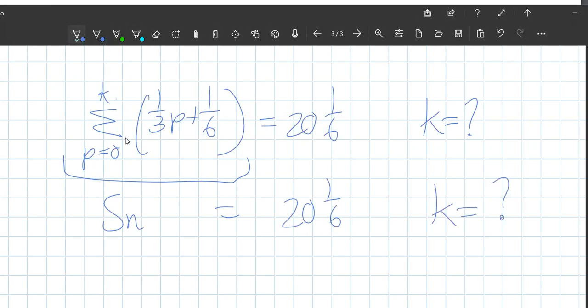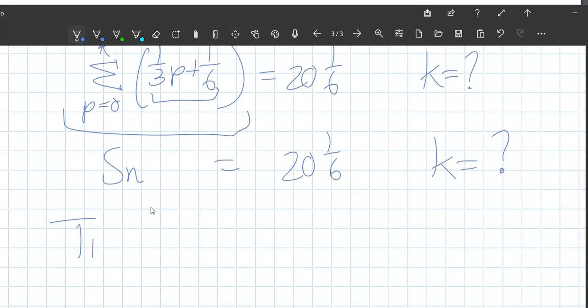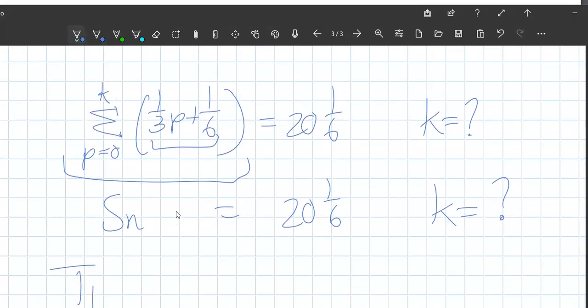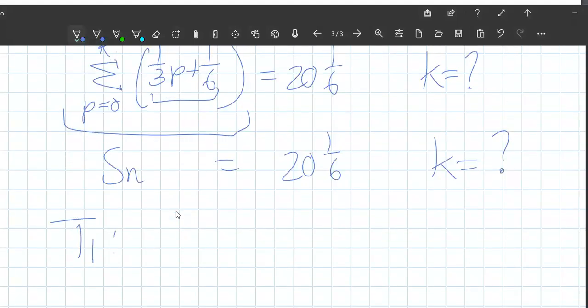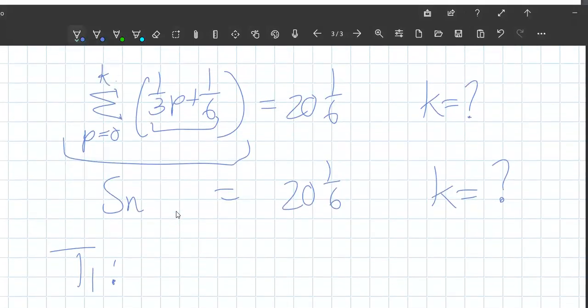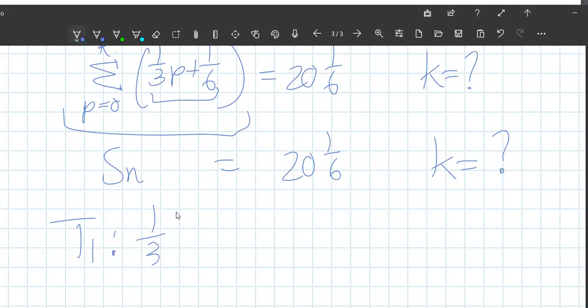So looking at the way that this works, you sub in values of p, you start with whatever p is equal to, you sub it into the function they give you. What I do with these sorts of questions is immediately start listing 3 terms so I can analyze what kind of function they've given me. 1 over 3, I sub in p is 0.